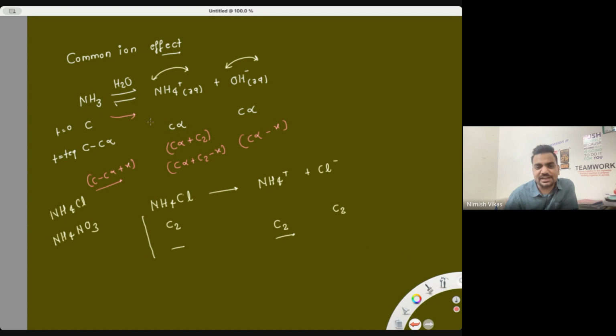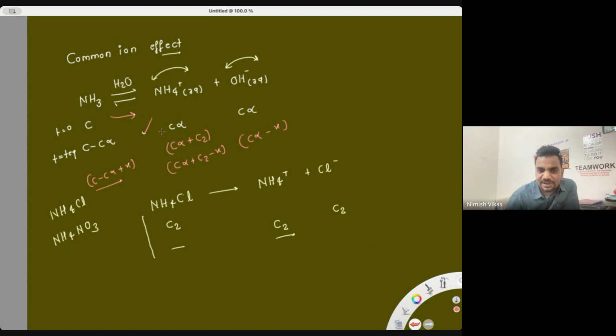Its dissociation gets further suppressed if you add any ion which is common in the equilibrium mixture from outside. So if you add another source of the ions generated as a product, which is the strong electrolyte, that suppresses the dissociation of the weak electrolyte.